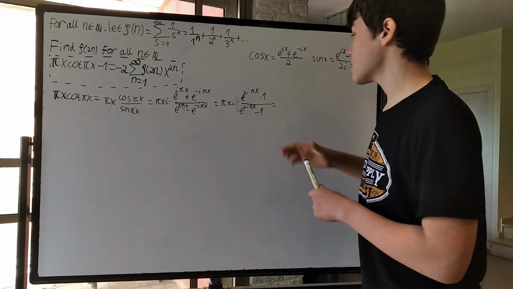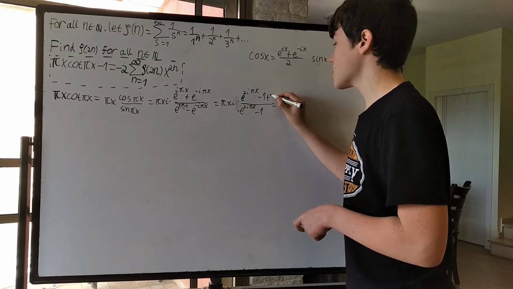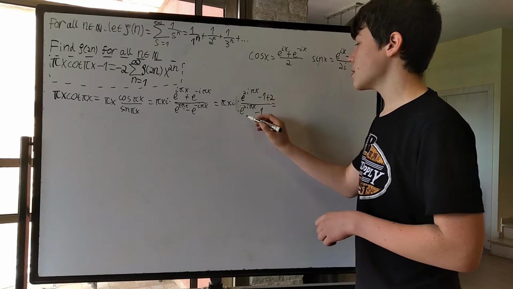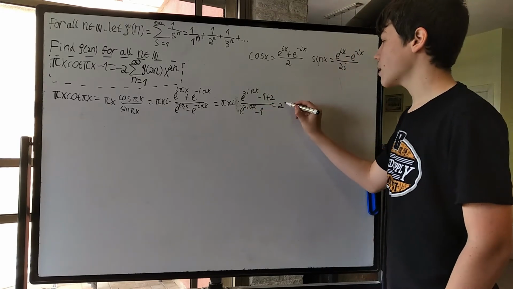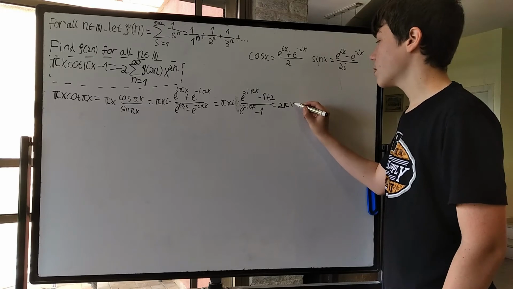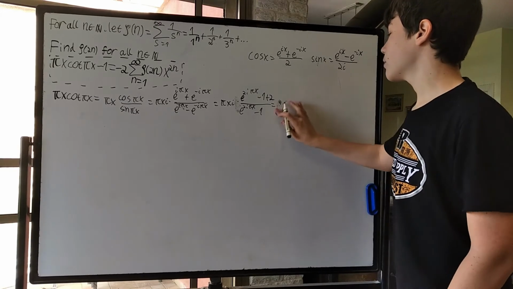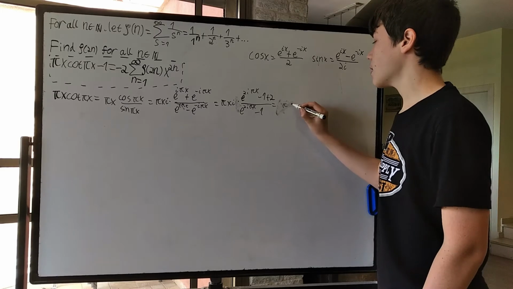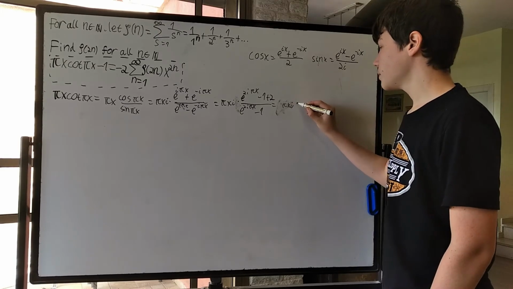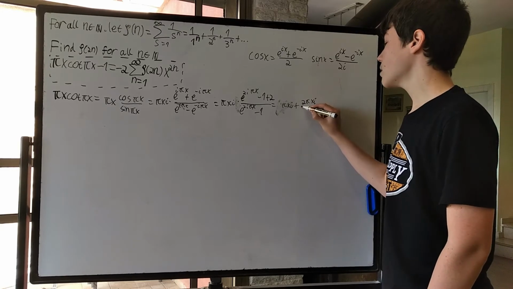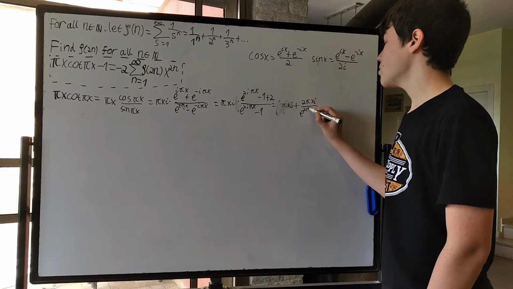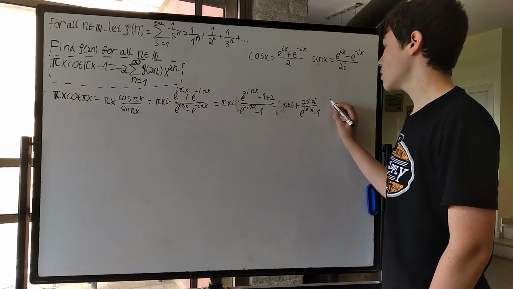So I can say this is just minus 1 plus 2. And then this turns to 1 plus 2 over this. So I have pi xi plus 2 pi xi over e to the 2 pi xi minus 1.